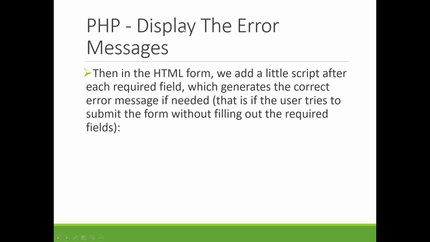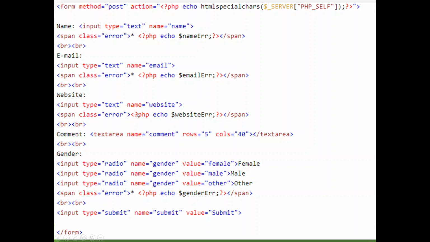Now, in order to display the error messages, in the HTML form we will need to add a little script just after each form element that is required, in order to generate the correct error message when the error occurs. Again, we did this in the practical.